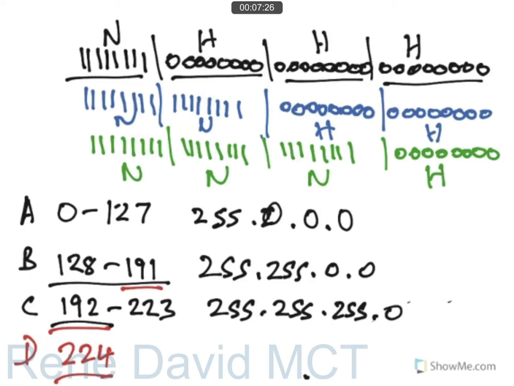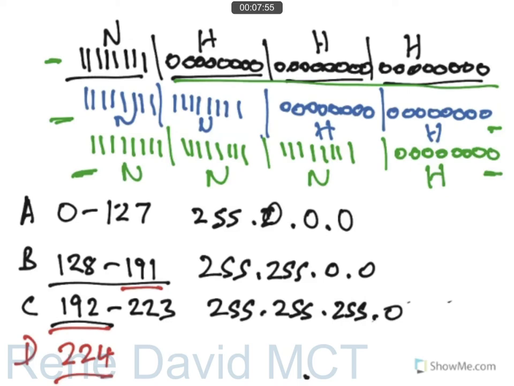What that means is that Class A addresses have fewer networks, but lots of hosts. Class B have an average number or an almost equal number of networks and hosts, and Class C has lots of networks, but fewer hosts per network. And we're going to have a look at how this works in our next video.